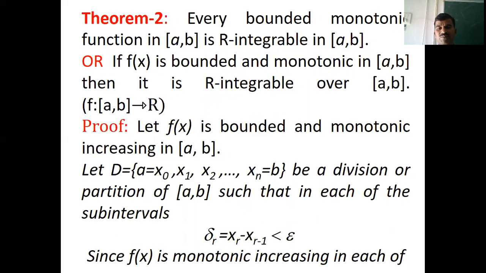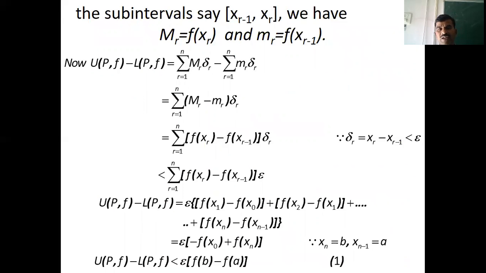Since f of x is monotonic increasing in each of the subintervals xr minus 1 to xr, the supremum and infimum are given by f of xr and f of xr minus 1.